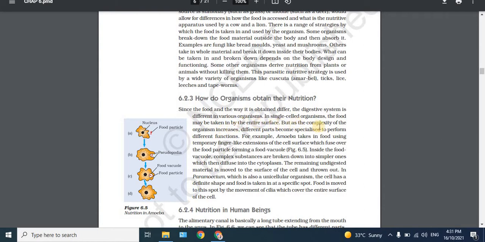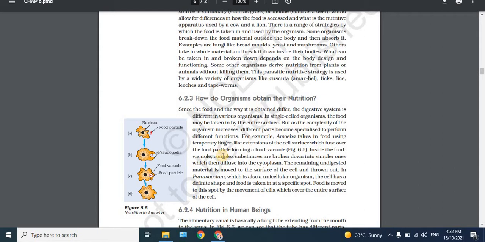But as the complexity of the organism increases, different parts become specialized to perform different functions. For example, amoeba takes in food using temporary finger-like extensions of the cell surface which fuse over the food particles, forming a food vacuole. Example, figure 6.5.